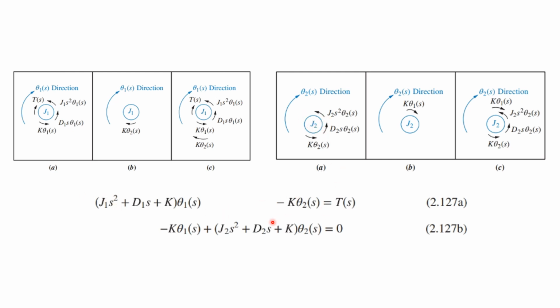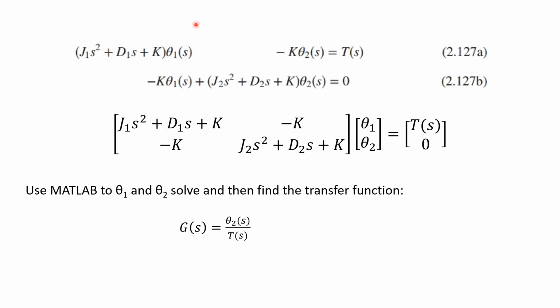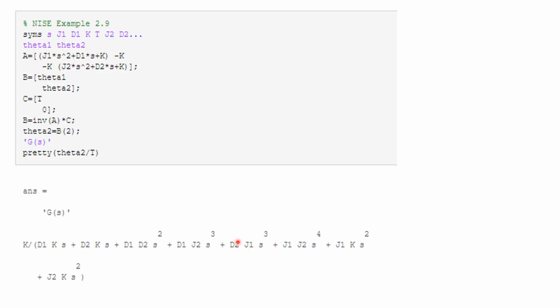So here we have two equations again with two unknowns. We can solve this using Cramer's rule, or we can write a set of matrices and use MATLAB to solve. If we want to find the transfer function G of S, which is theta 2 over the torque, here I'll show you how to do it in MATLAB.